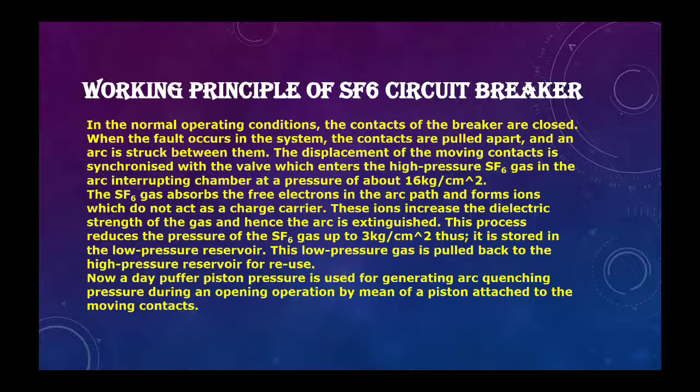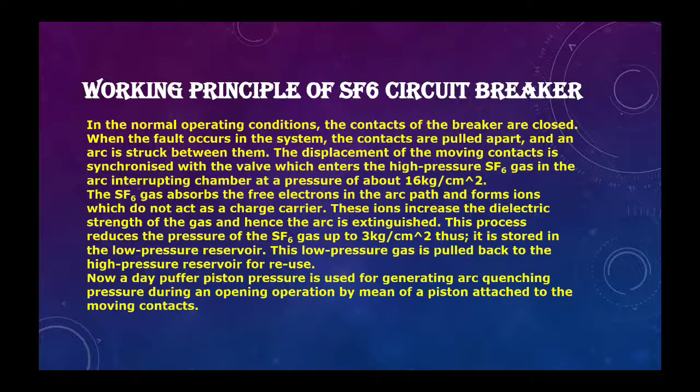The SF6 gas absorbs the free electrons in the arc path and forms ions which do not act as charge carriers. These ions increase the dielectric strength of the gas, and hence the arc is extinguished.